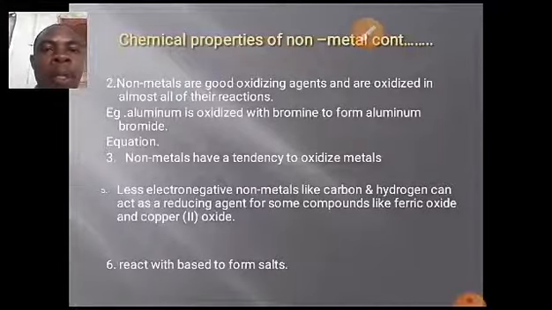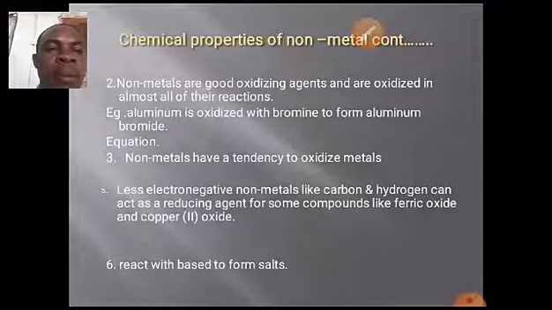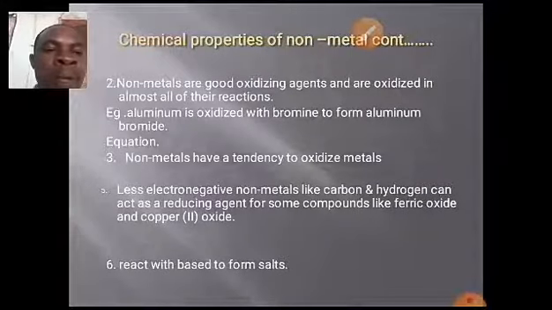Another chemical property. Let's say less electronegative non-metals like carbon and hydrogen can act as reducing agents for some compounds like ferric oxide and copper oxide. Ferric oxide is iron with oxygen, and copper(II) oxide is copper with oxygen.